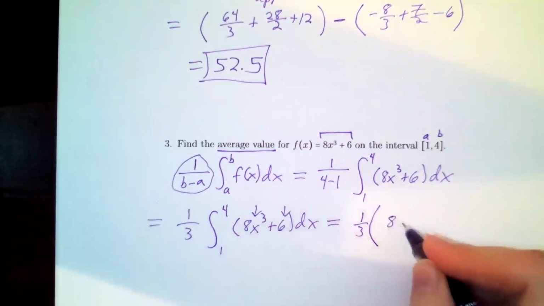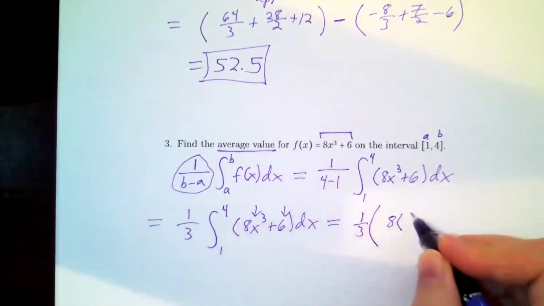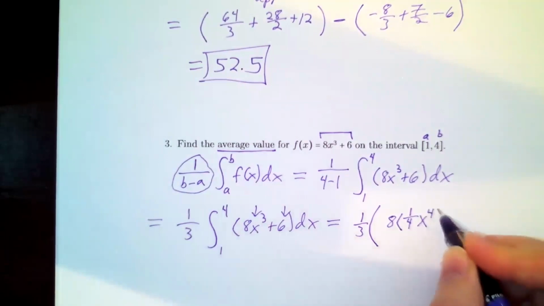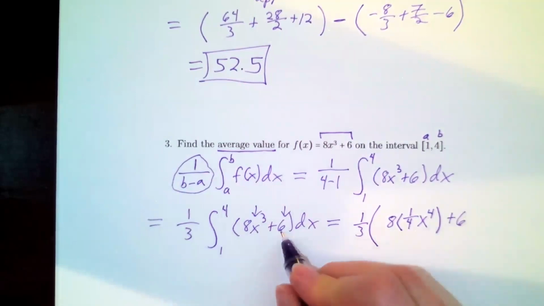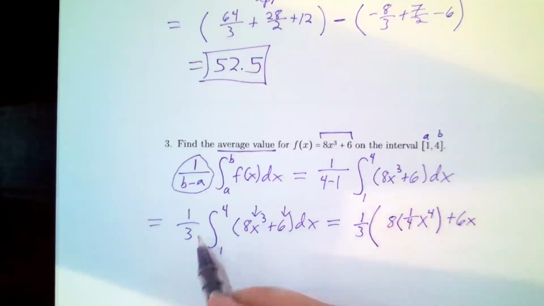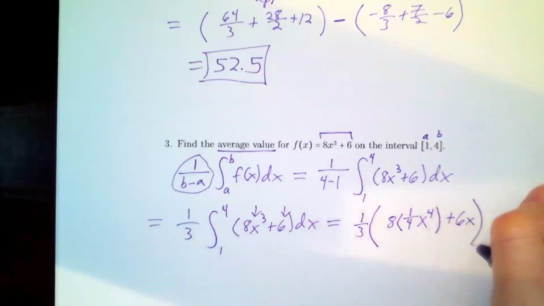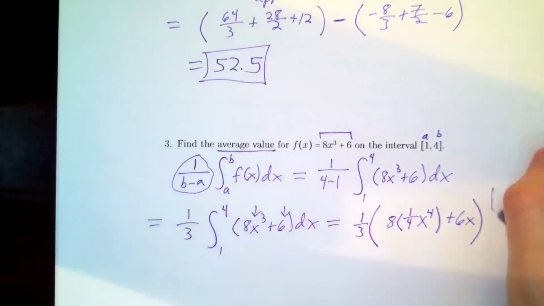You have 8 times 1 over r plus 1, x to the r plus 1, plus 6x. The integral of 6 is 6x, and I have this 1/3 that gets multiplied by both of those guys. And this is all to be evaluated from 1 to 4.